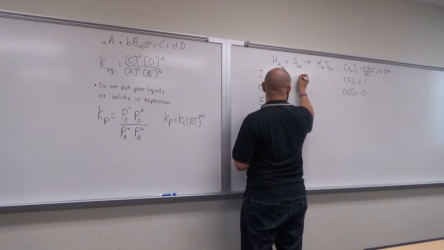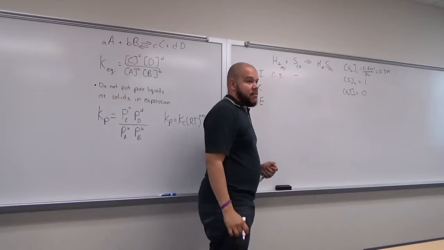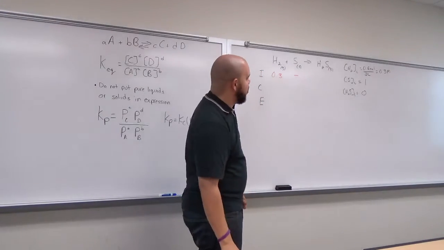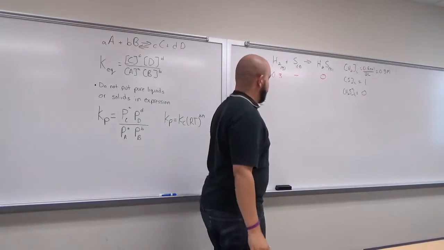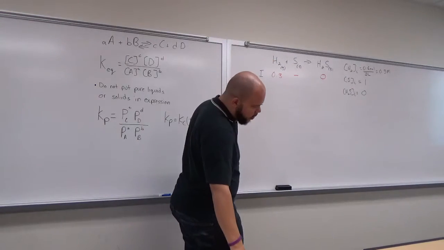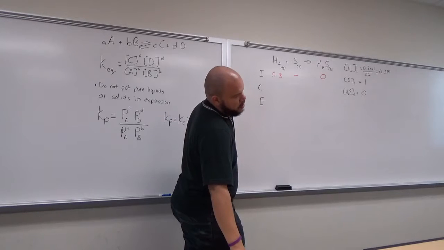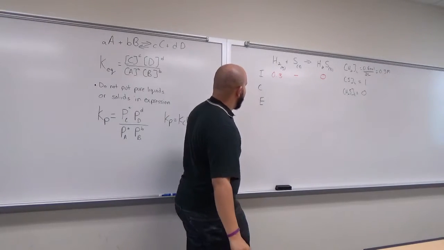We are not worried about S. Whenever you see me put a dash like that, that's just saying that it is not useful to us. It's irrelevant. You don't want to put a 1 there either, because then you want to subtract something from it, right? All right.